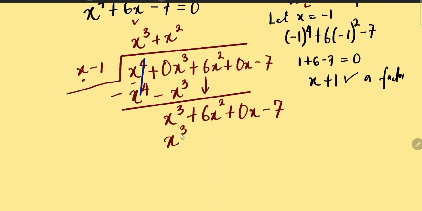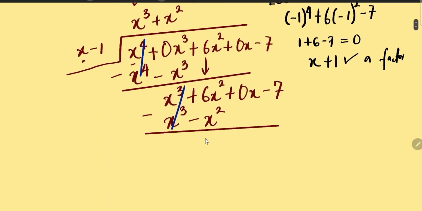So we have x raised to power 3 minus x raised to power 2. So we subtract again. So we have x cubed from x cubed. That will strike out. Then we want to subtract minus x squared from 0x squared. So we're going to have 7x squared.